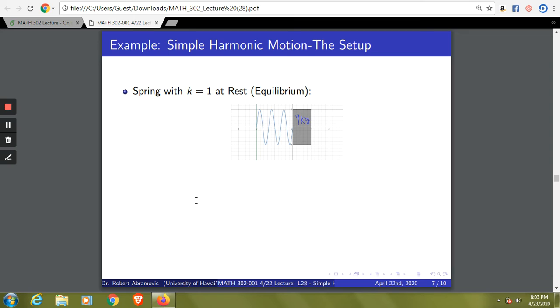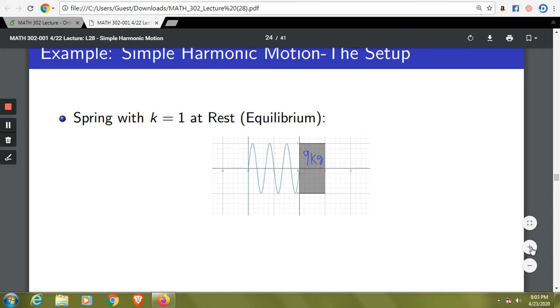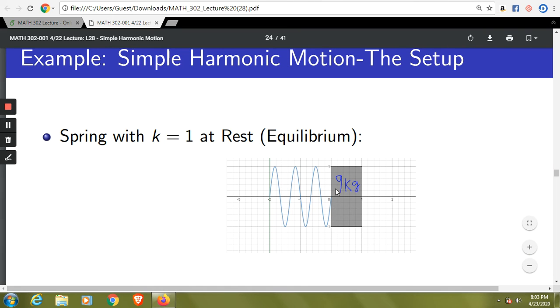So let's start with an example. Let's try to keep it simple: spring constant 1, at rest or equilibrium. And as we see here, we have a 9 kilogram block that's attached to the spring.